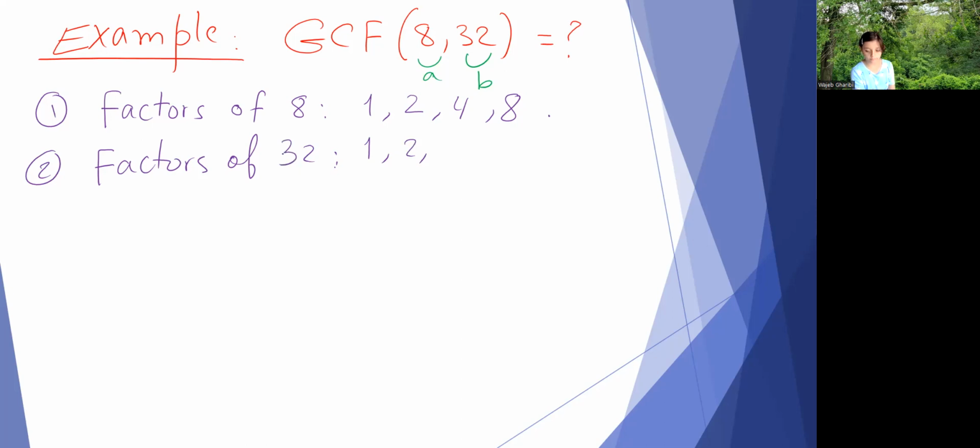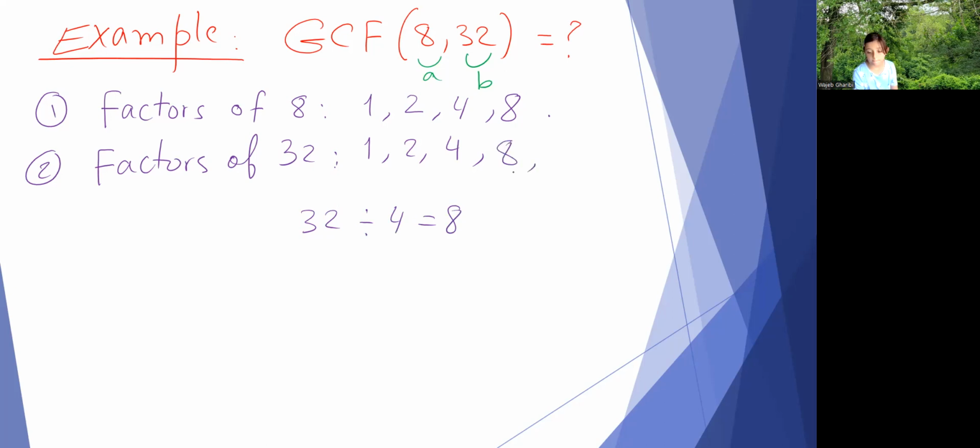Because 32 is not divisible by 3. If we add 3 plus 2, it is 5, and 5 is not divisible by 3. How about 4? 4 is a divisor of 32, because 32 divided by 4 equals 8, and 8 also is a divisor of 32.